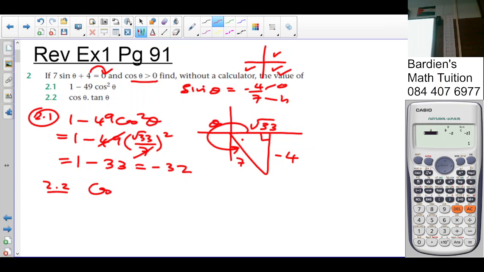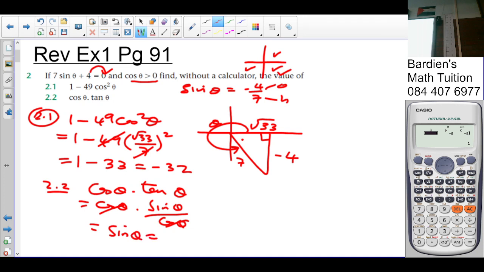Tan over cos of theta times tan of theta. So sine over cos is tan. So in other words, you're working out sine theta. Sine is root 33 over 7. Or you could have gone straight and said cos is root 33 over 7, multiplied by negative 4 over root 33. You should get the same answer of root 33 over 7.